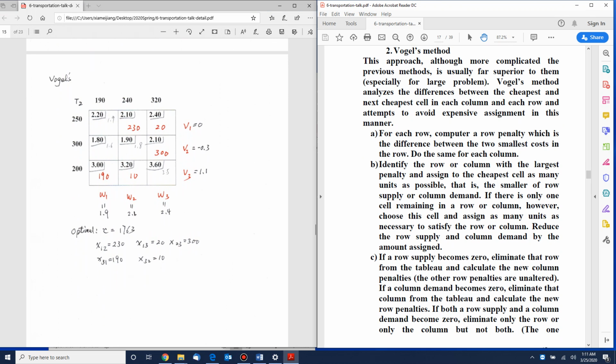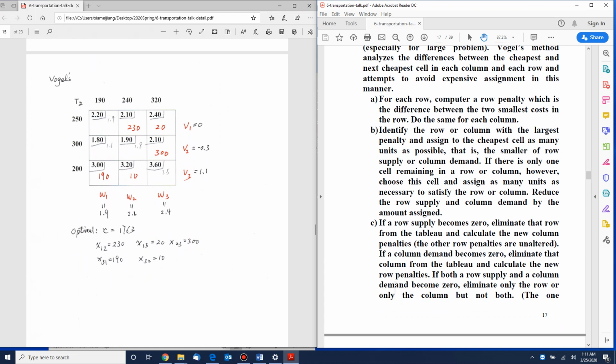So you may read the details about Vogel's method, and here is the way we build it up. In later examples, I will use Vogel's method again so you can understand it better.